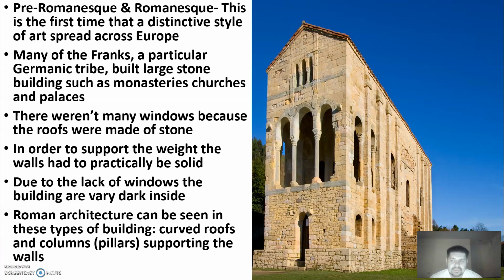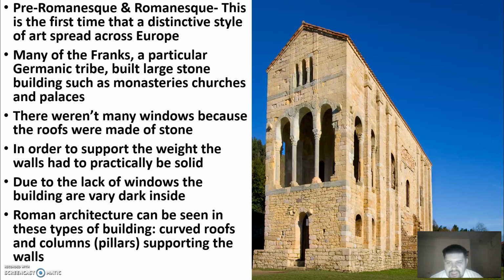Now we're going to get into the pre-Romanesque and the Romanesque era. This is the first time that there's a distinct style of art that spreads all over Europe. Your world history teacher should have taught you about the different Germanic tribes that sacked Rome.